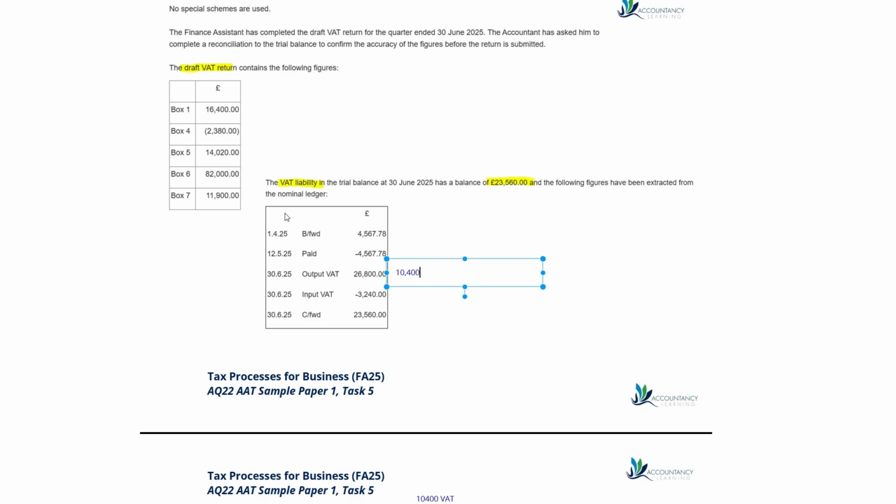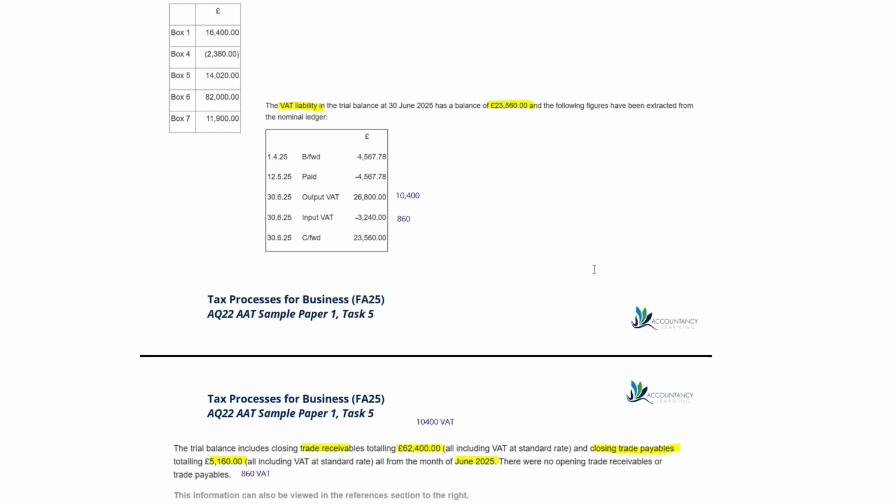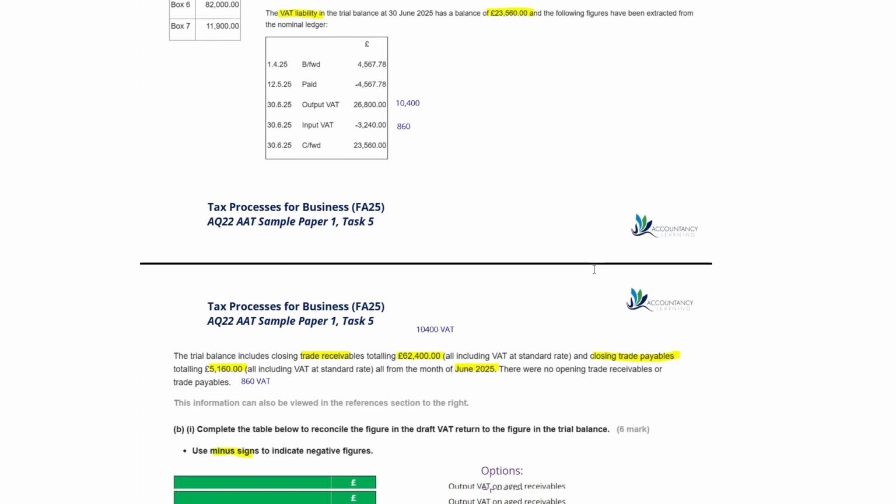And again, if we look at box 4 and the input VAT on the trial balance, we can see that we've got 860 difference. So this is where our difference has happened.